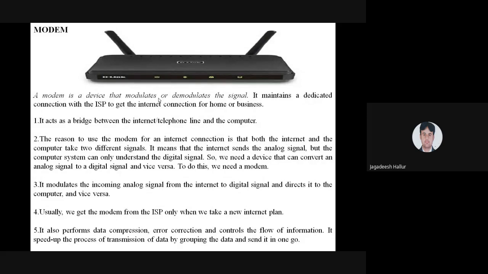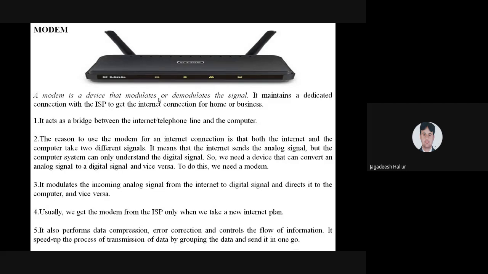For different signals we are using, one is analog signal, one is digital signal. I already told you this signal is in the form of analog or in the form of digital, or vice versa. All the incoming signals have to be modulated.